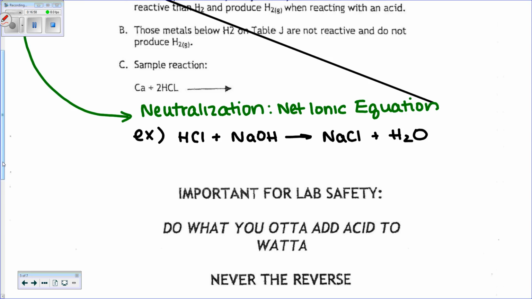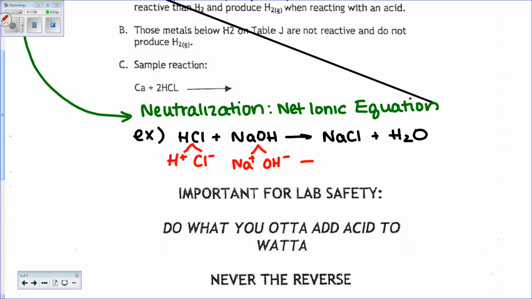We talked about how acids and bases and salts are electrolytes. They are electrolytes because they form ions. So HCl actually splits up into two pieces, H plus and Cl minus. NaOH does the same thing, only its pieces are Na plus and OH minus.